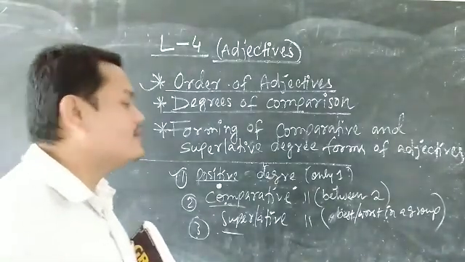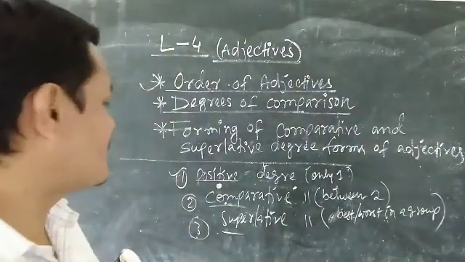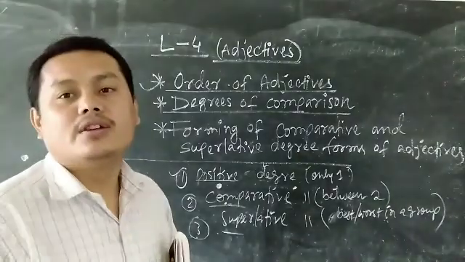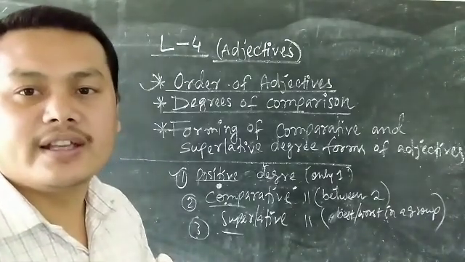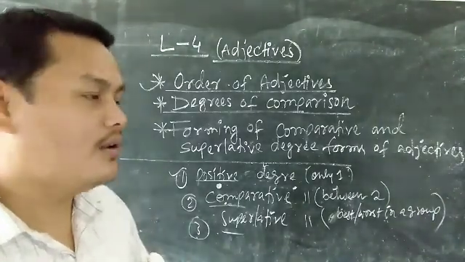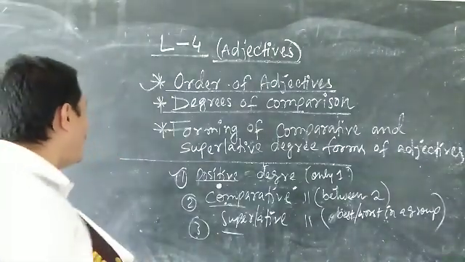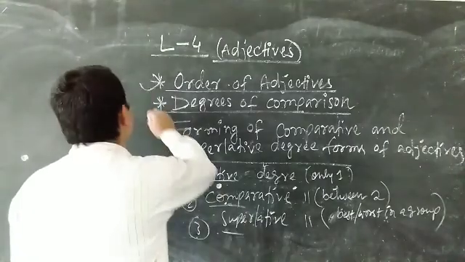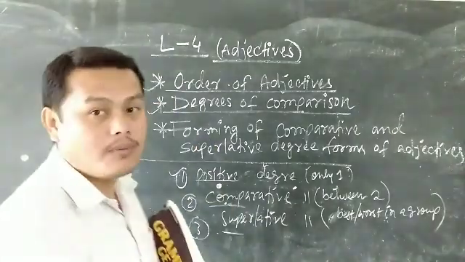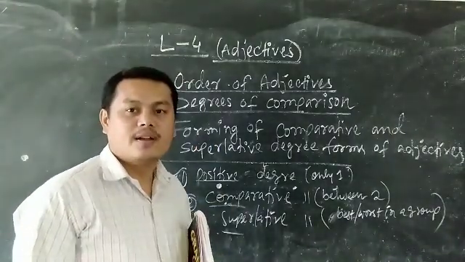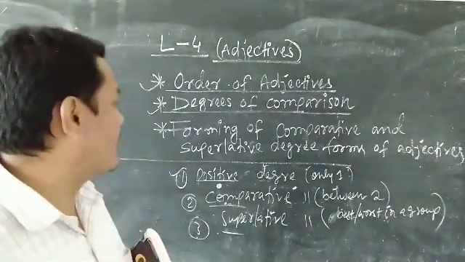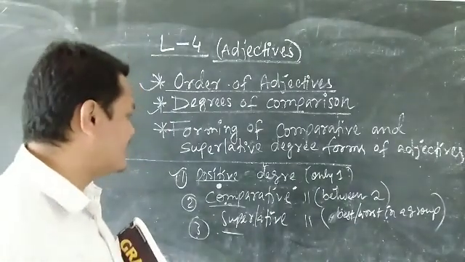Whenever there is comparison between two things or two persons, that is comparative. And whenever we talk about the best or the worst in a group, that is called superlative degree. So my dear students, that's all you should know in this point 2, degrees of comparison. Adjectives can be used to compare as degrees in a sentence.